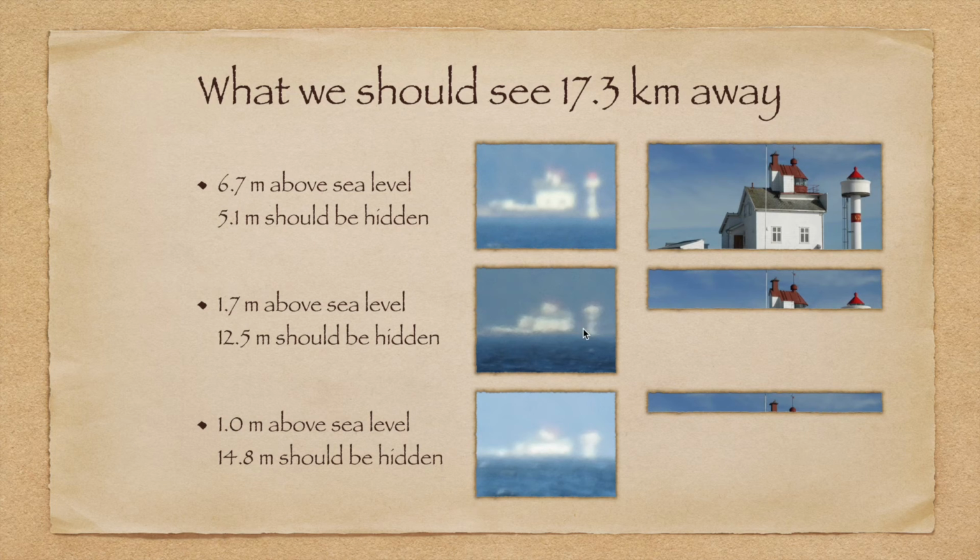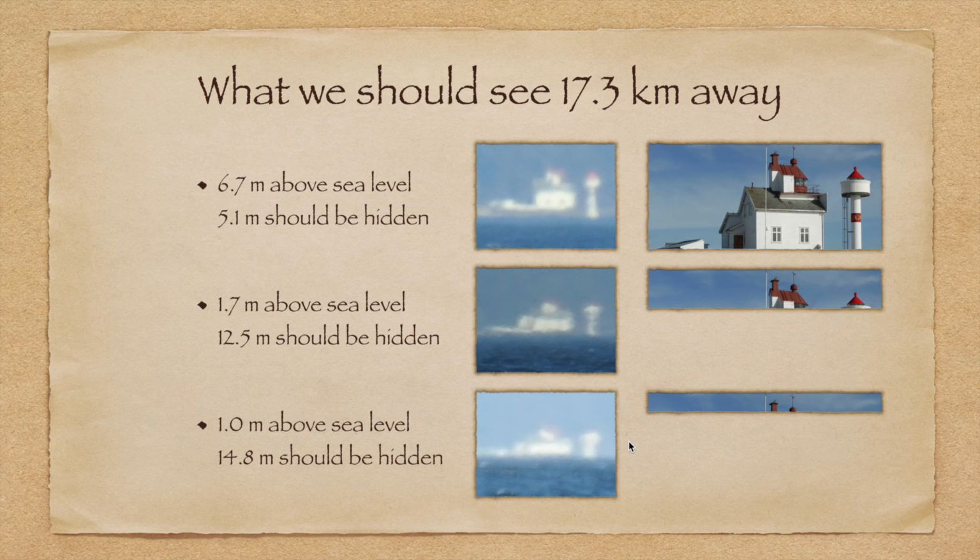So even though it's only 17.3 kilometers away, if the curvature was as we have been told, I should probably not be able to see anything here, because I should only be able to see this very top based on the curvature, and the rest would probably in practice be hidden or blurred away by the atmospherical conditions and the water vapor above the sea level.